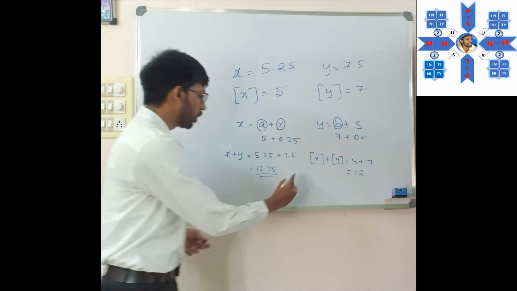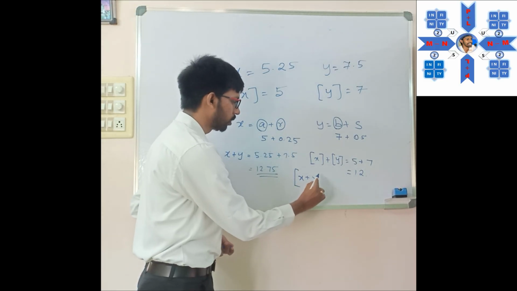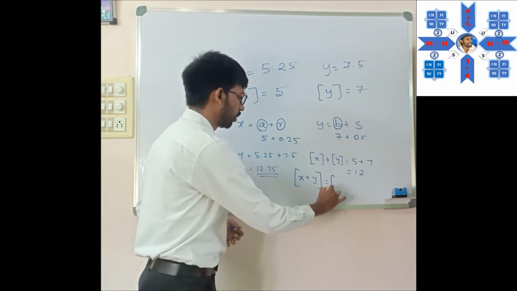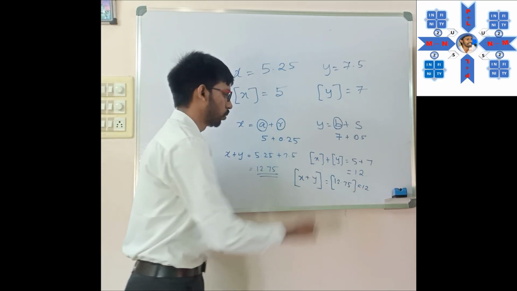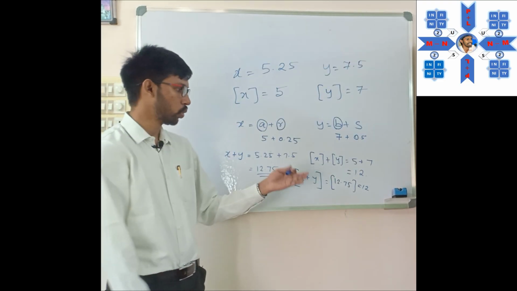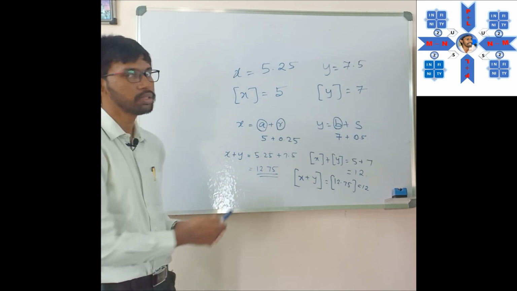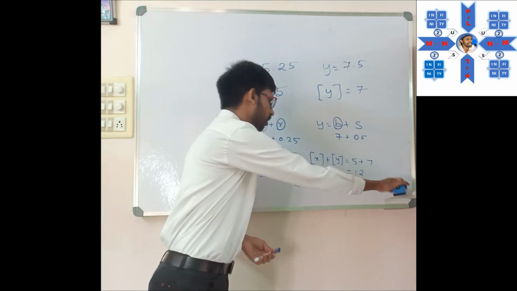So this is something equivalent to, I can just apply my associative property. I can add these two, later I can just take the integral function, still it remains the same. So the associative property holds good for the greatest integer function. These are some preliminaries which we are supposed to be aware of when dealing with greatest integer functions.